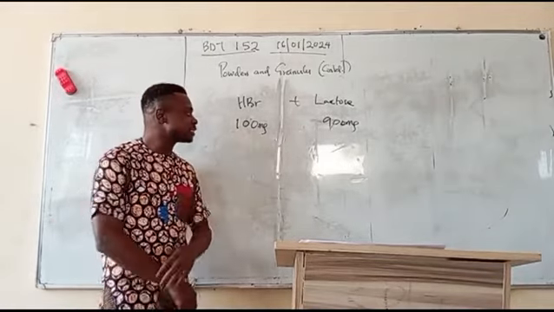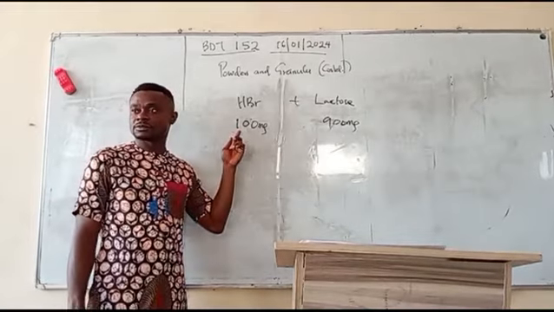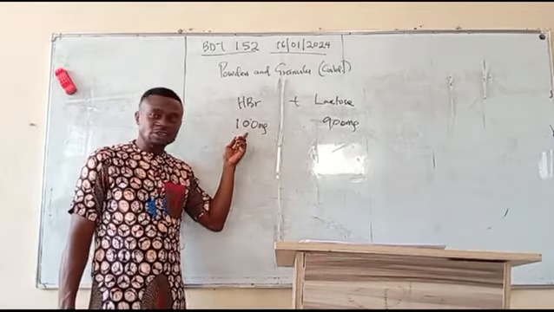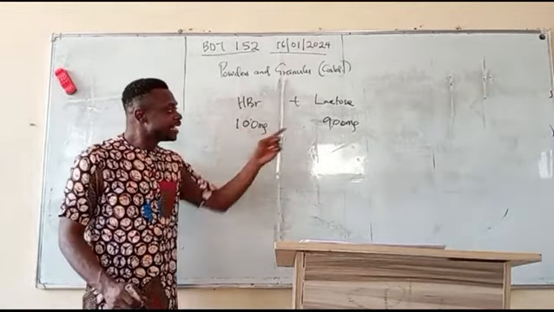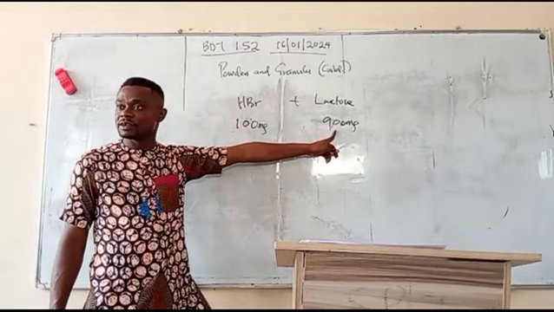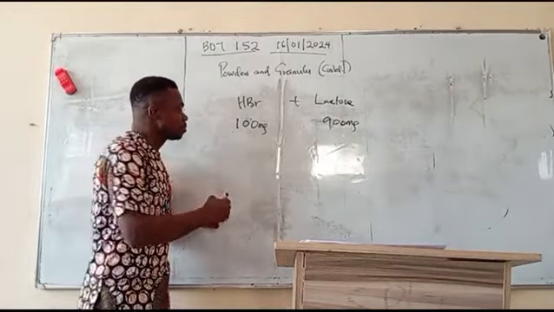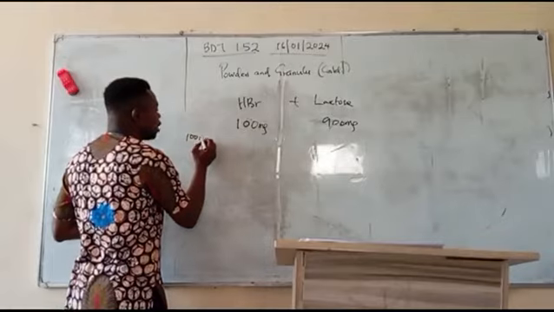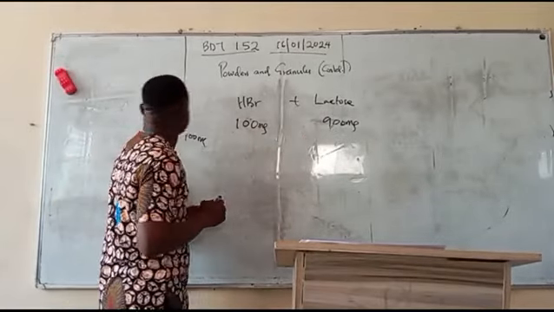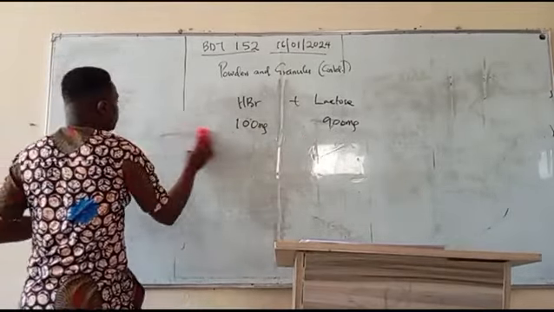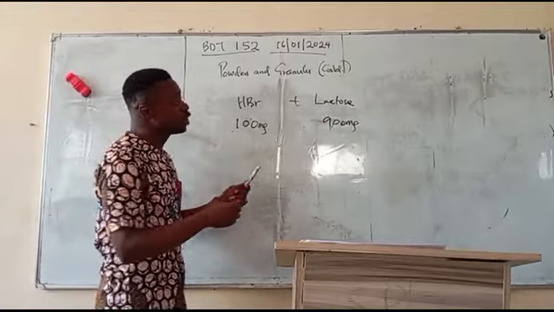What you do here is this. Start from the smallest one. Get 100 milligram of this, exactly 100 milligram. It's by volume, sorry, not by weight, because you can't weigh it again.